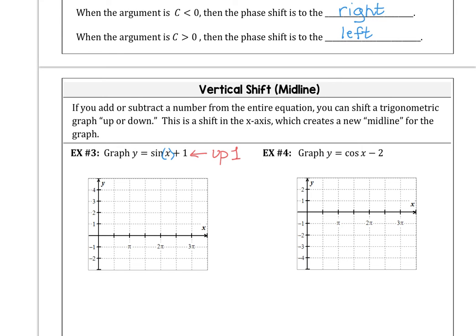And same with example 4, this is a shift downward. So our midline moves 2 units down here. This is our midline. It's like a new x-axis. You could label that x prime if you wanted, to give your mind a place to focus on where those intercepts are going to be.